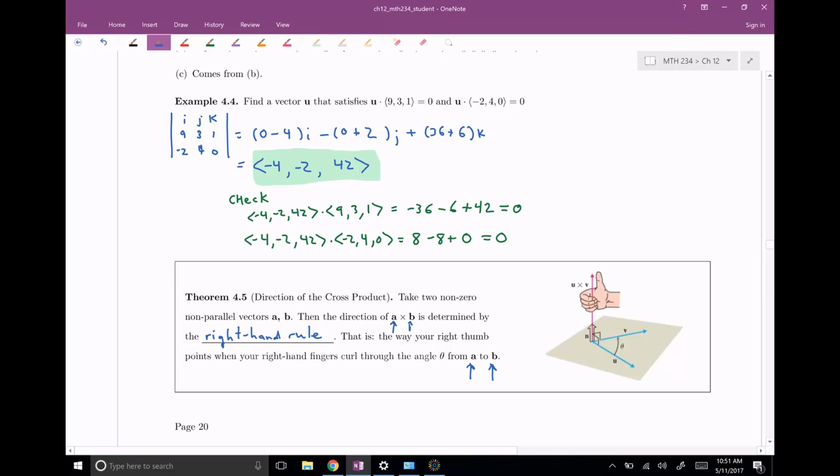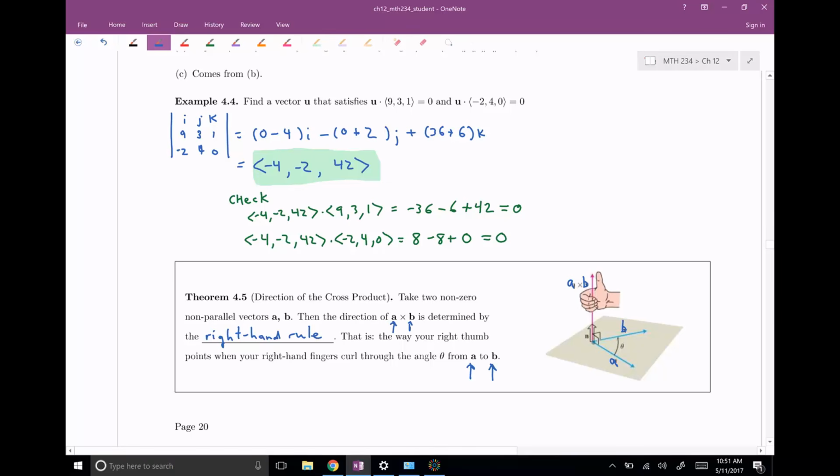So in this case, you can see I pulled a picture out of the book, actually. They use U's and V's in the book. I'm going to go ahead and switch this. Here's A and here's B. Here's A cross B. So you go first through A, then through B, and the claim is if you're using your right hand, your thumb points in the direction of this normal vector, or orthogonal vector, or perpendicular vector.